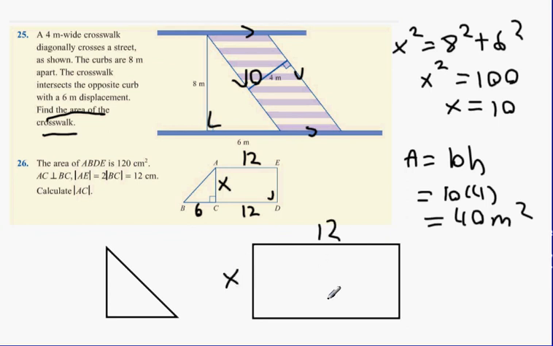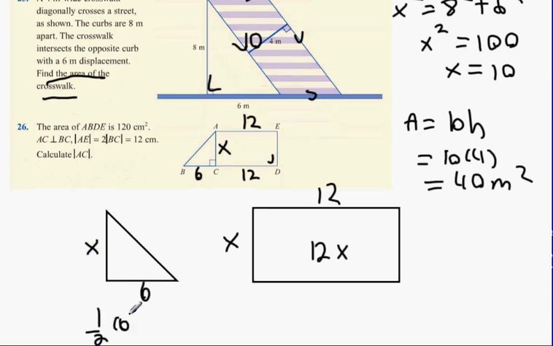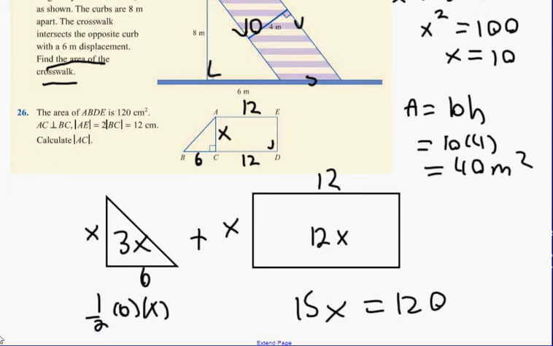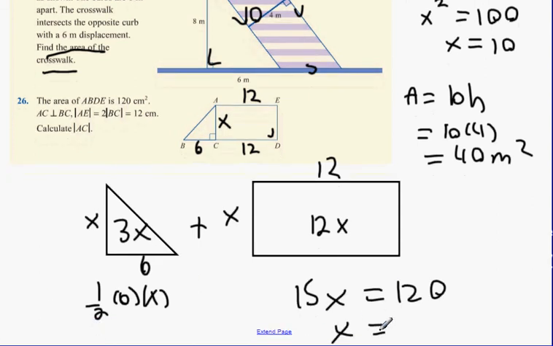The area of the rectangle is 12x because it's length multiplied by width. The area of the right angled triangle is a half base by height, which is going to be a half 6 times x, which is 3x. Add them both together. So the area of the triangle plus the area of the rectangle is 15x. 15x has to be equal to 120. Therefore, x equals 120 divided by 15, which is 8.